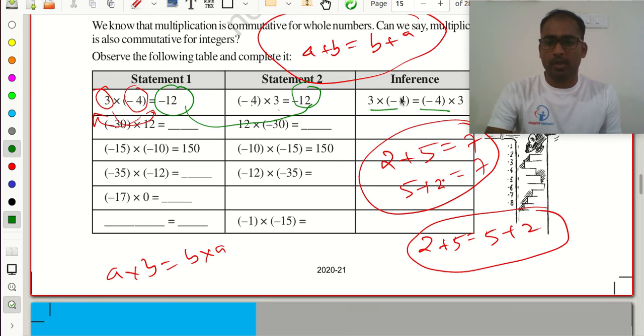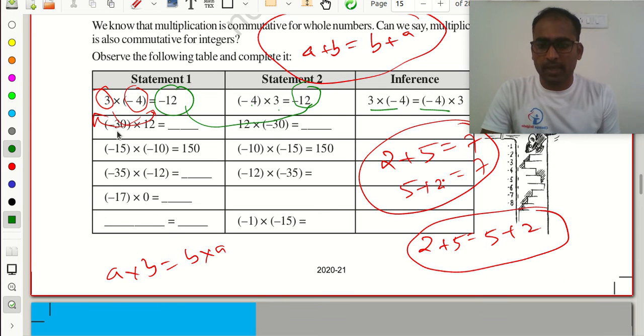So we will see another example. Minus 30 into 12, how much am I getting? Minus 360. Here also I am getting minus 360, even after exchanging the positions of this 30 and 12. So here minus 30 into 12 is equal to 12 into minus 30.